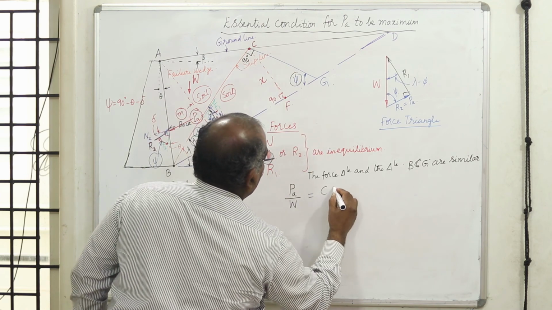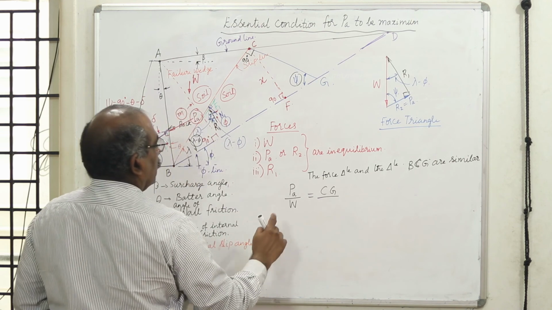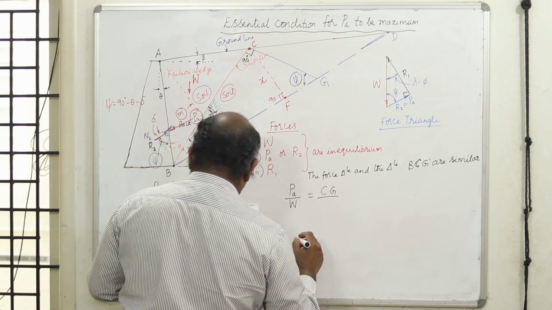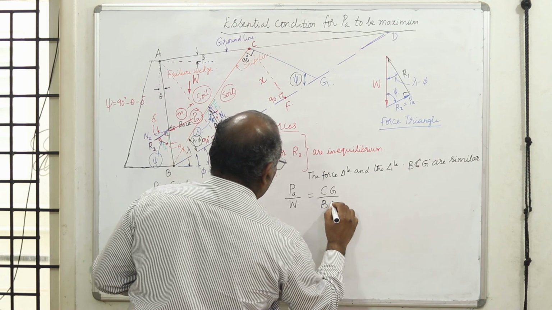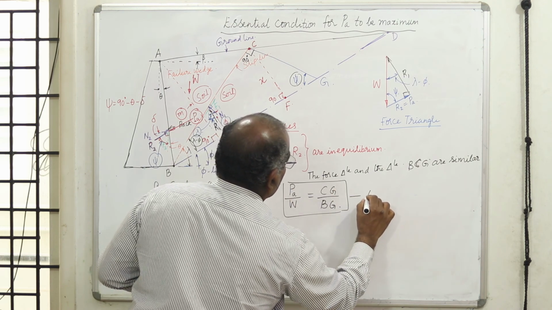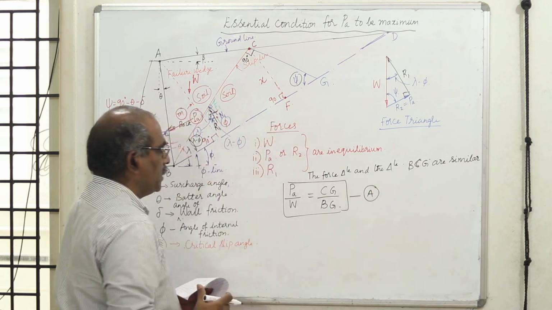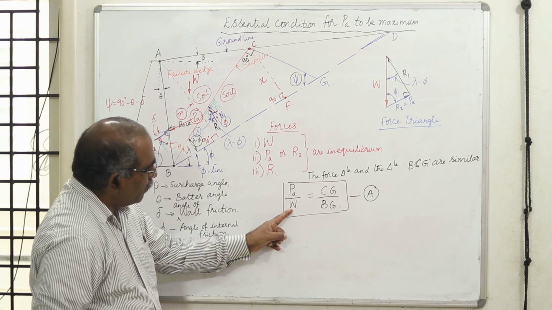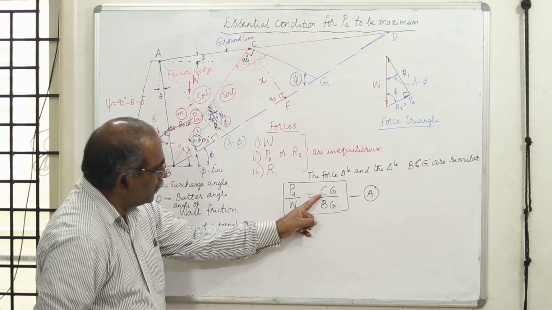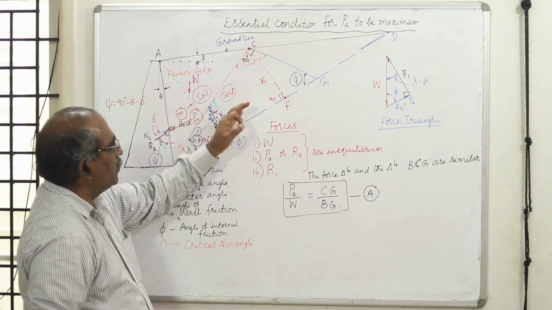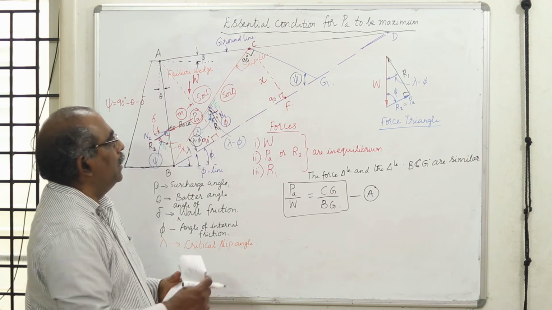This is CG, and W is represented by the side BG. Now this expression is the basic expression. Now I need to find out what CG and BG are in terms of certain things. You have these angles, psi and others.